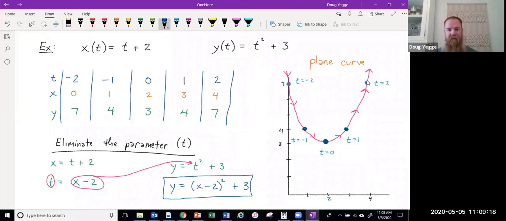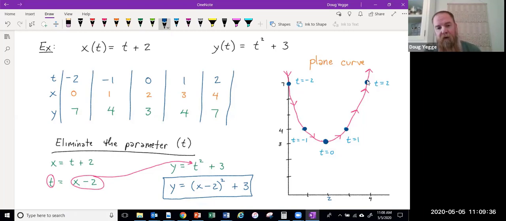What I don't have are the times that it took me to get there. And so one of the most important aspects of a parametric set of equations is the fact that t describes when I got to a certain location. All right, so everybody remember that?